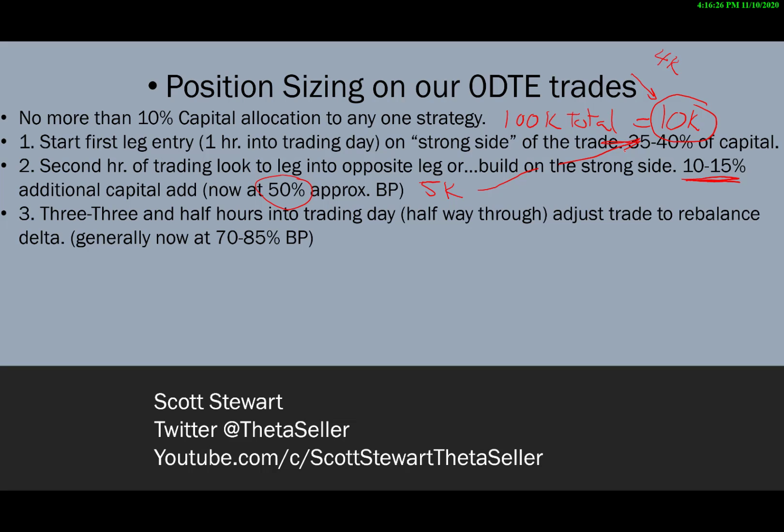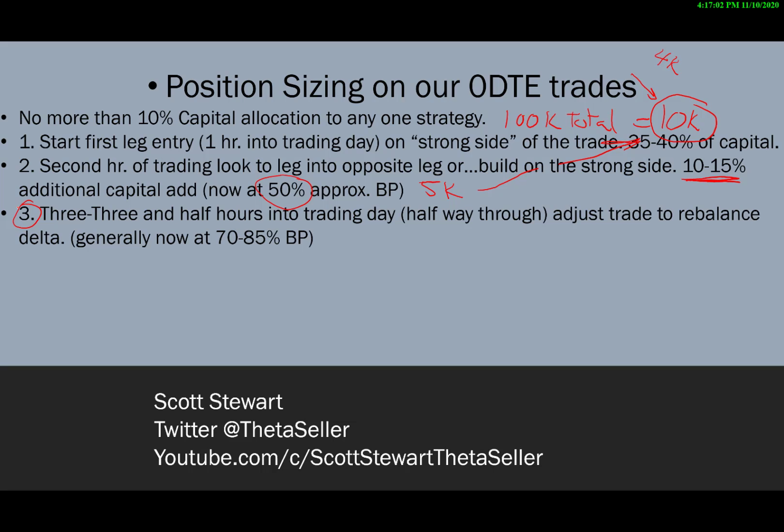Almost inevitably, folks, at this point, 3.5 hours into the trading day, halfway through our trading session, if we have a full iron condor in place, with a put spread on one side of the trade and a call spread on the other side, we're probably getting close to being unbalanced, right? If we are absolutely perfect on our delta neutrality, it's probably more luck than anything. It's not anything on our part in terms of expertise.